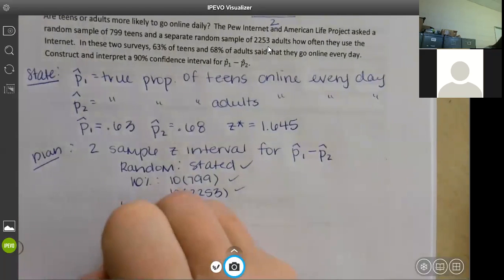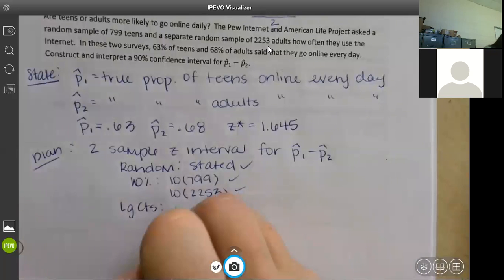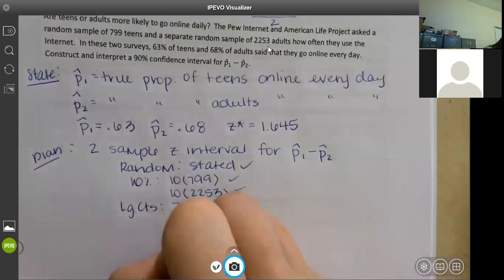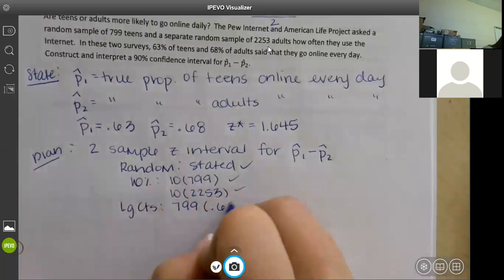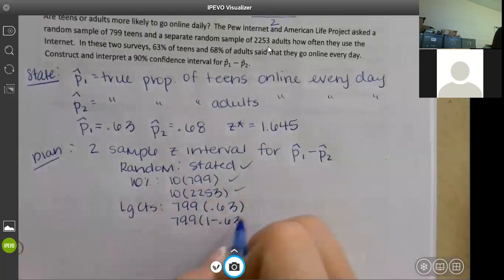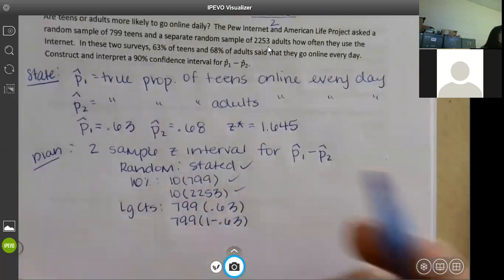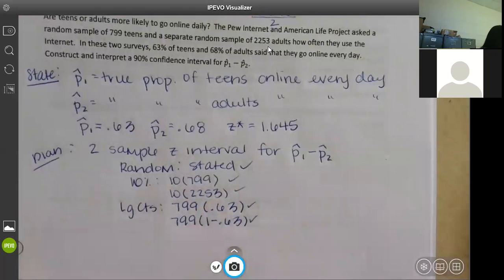And then large counts. Again, we've already done this, but we have to do it with the new proportions. This didn't change because they're the same sample size, but the proportions do change. So we have 799 times 0.63 and 799 times 1 minus 0.63. You can put those values or not, it doesn't matter.